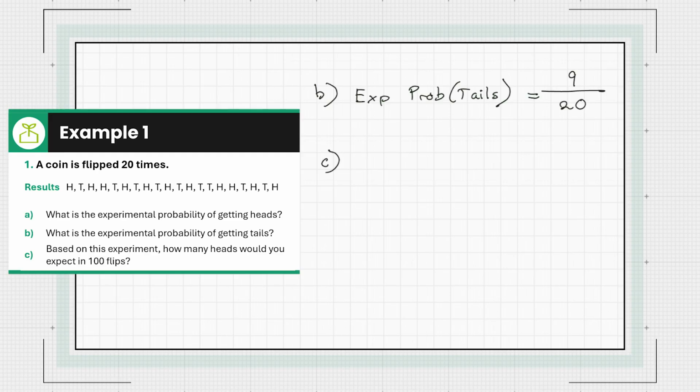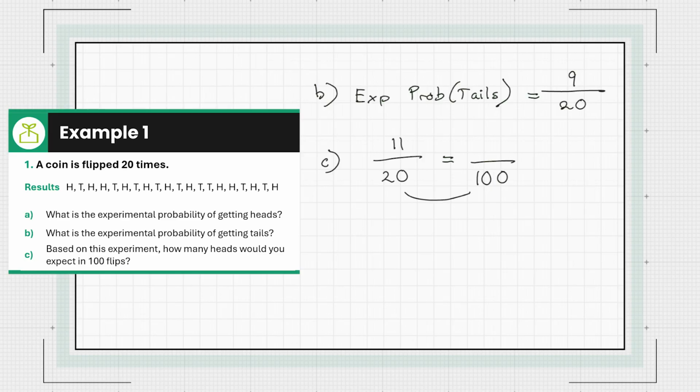Based on this experiment, how many heads would you expect in 100 flips? So our probability for heads was 11 out of 20. Now, if we repeated this 100 times, what we have essentially is an equivalent fraction.